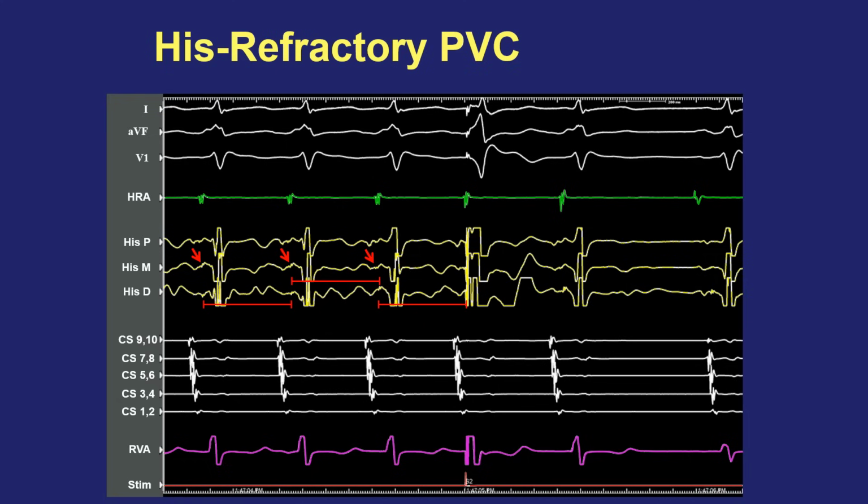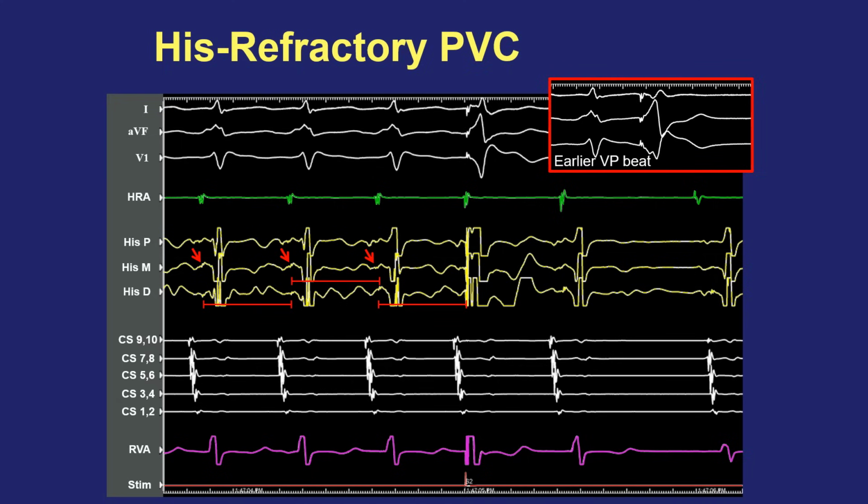And actually, there's another reason you know it's His-refractory, because if you compare this paced morphology to other timings of pacing from this exact same site, for example, an earlier paced beat, there's a different morphology between the two. And that's because this is a purely paced QRS morphology from the catheter site, and this is a fused morphology that is a blend between ventricular pacing and the narrow QRS.